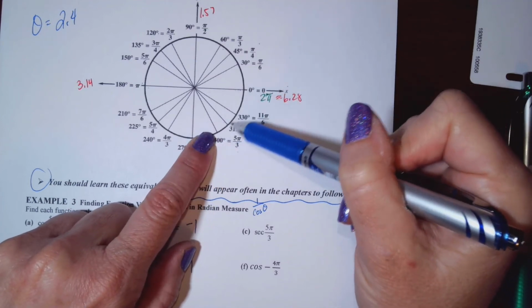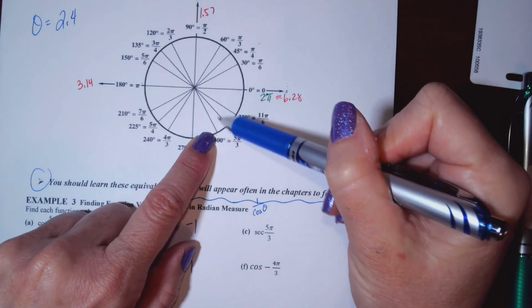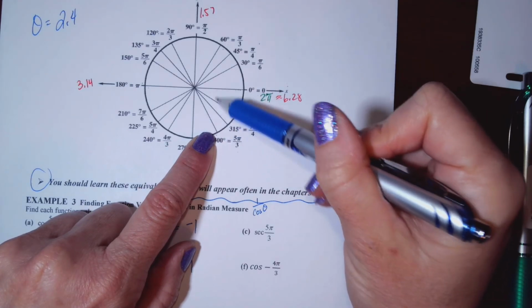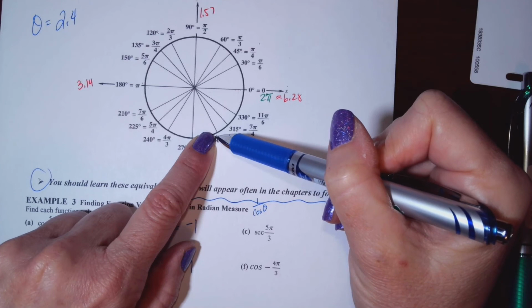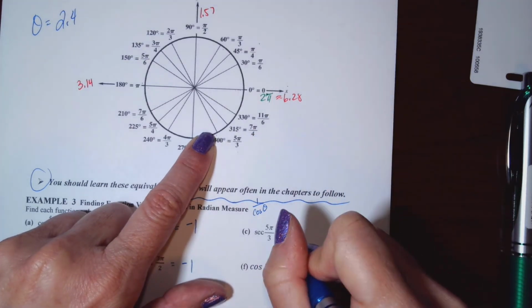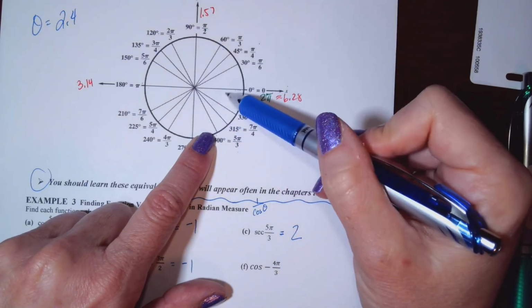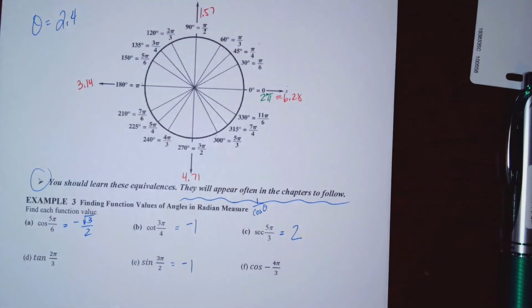It's further away from the x-axis, which means my x-coordinate, my cosine coordinate, is smaller than my sine coordinate. So this time, cosine here would be 1/2. When I flip that to get secant, secant is going to be 2. And in quadrant 4, secant and cosine are positive.